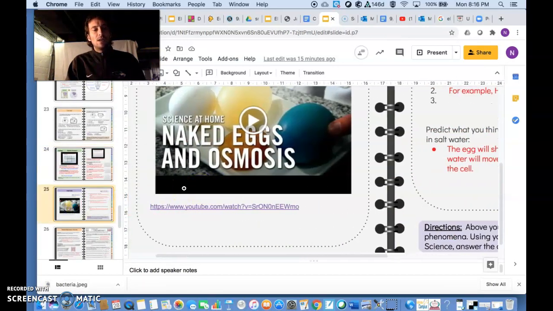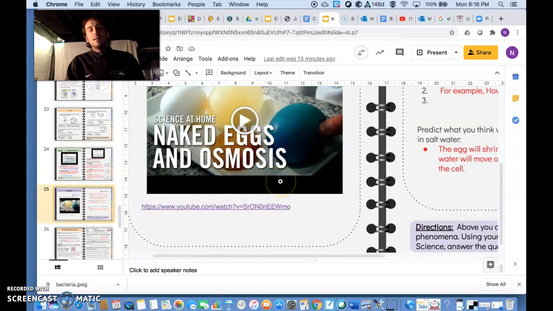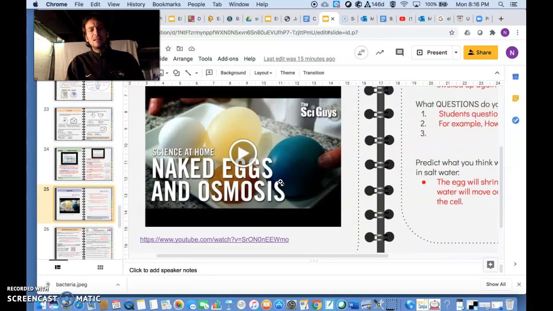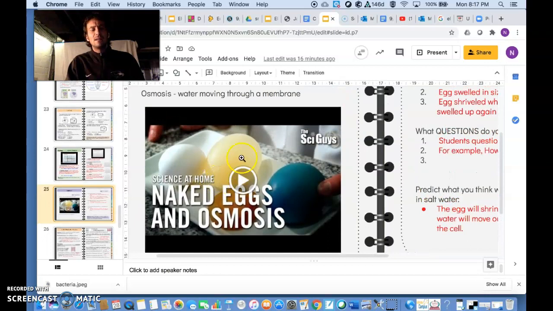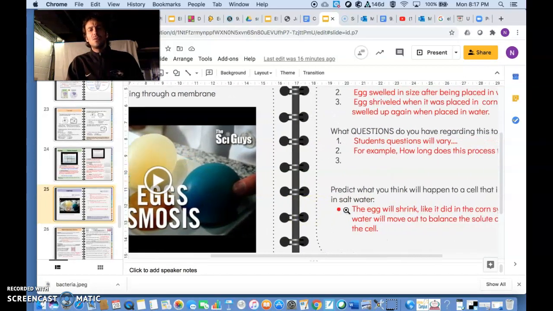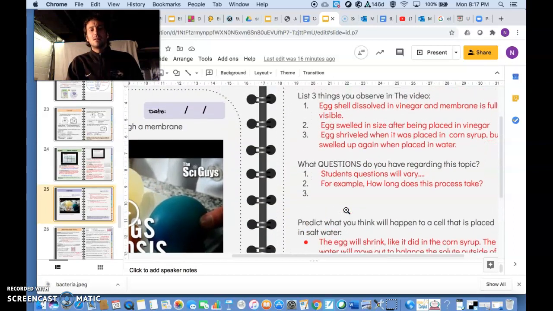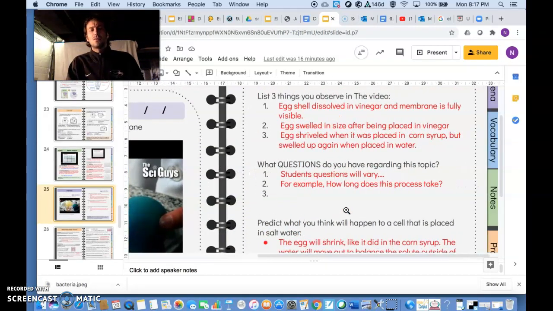Okay, finally, we had you look at an activity that tested this, right? Putting eggs that have been peeled of their shell in different types of solutions, and what happened to the eggs, right? Three things. You got rid of the membrane. The eggs swelled in size, being placed in vinegar. Why? Right? Think about it.